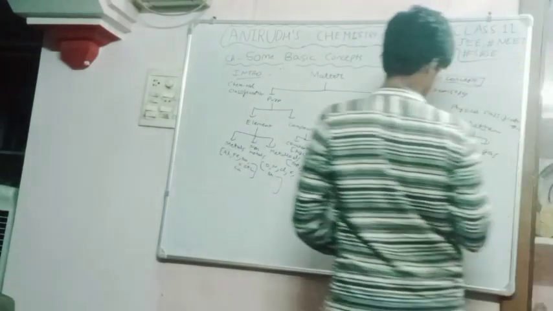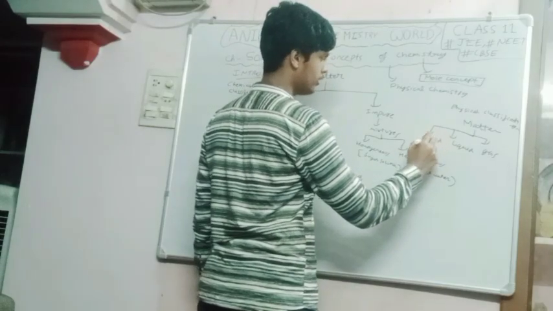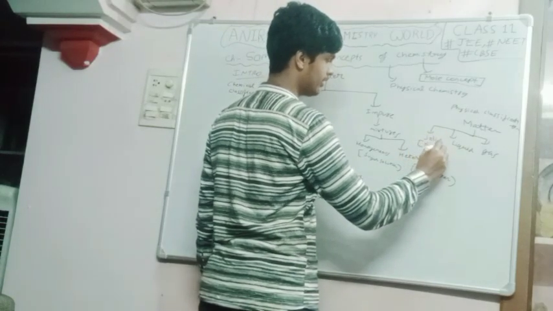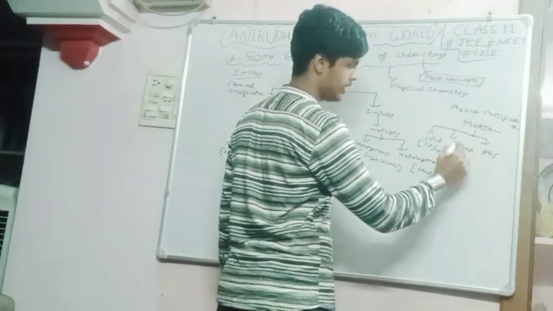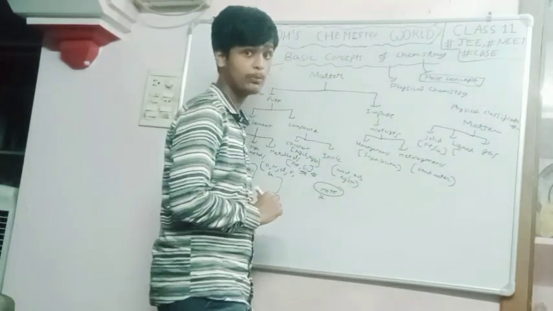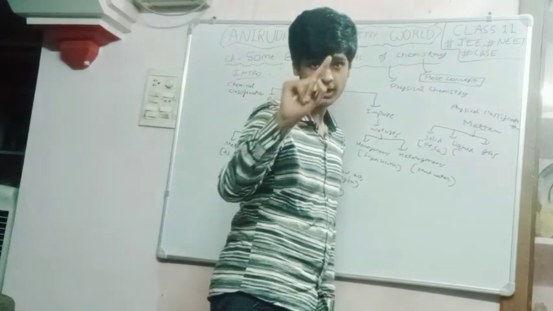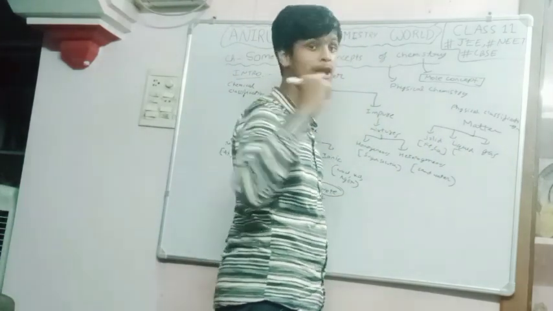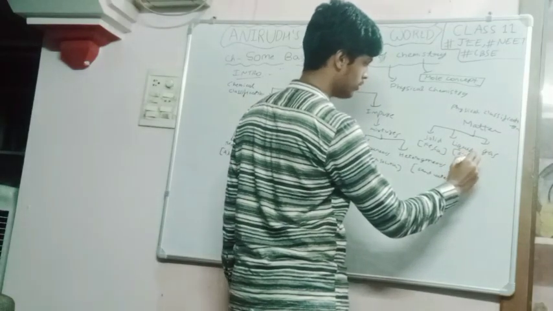You just note this. I'll write the examples also. In solid, you will be having like iron, which is solid. Calcium is solid. These are solid at room temperature. In liquid, you will be having the example of bromine. Liquid bromine. There is only one non-metal which is liquid, that is bromine, Br2. It's very important.